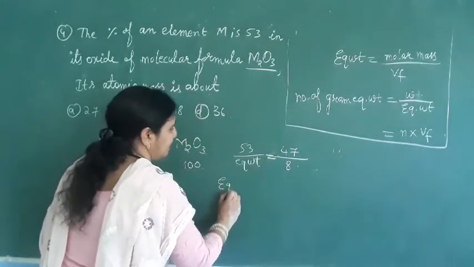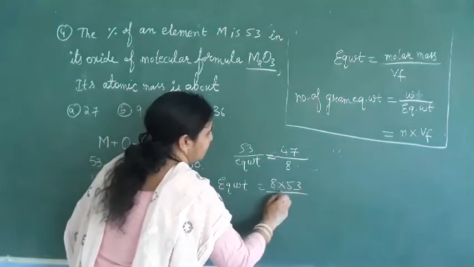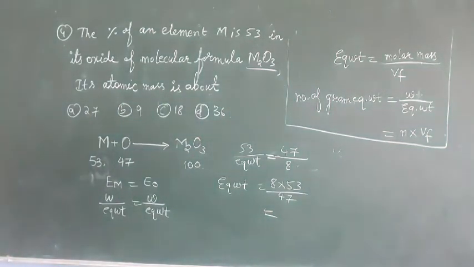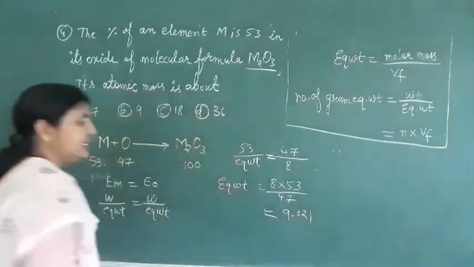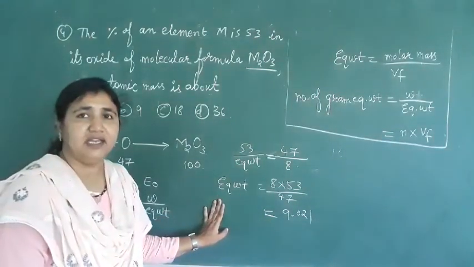So the equivalent weight of metal will be 8 into 53 divided by 47. After calculation we get 9.021, so we will take it as 9. We got the equivalent weight of the metal.